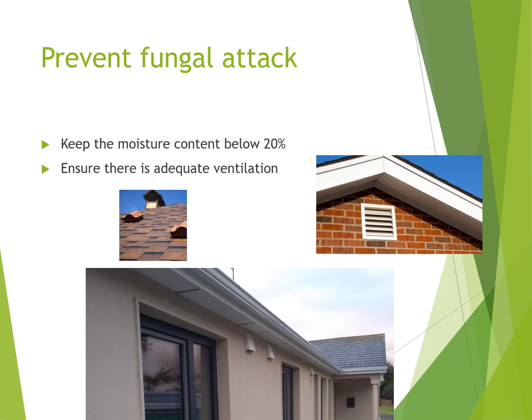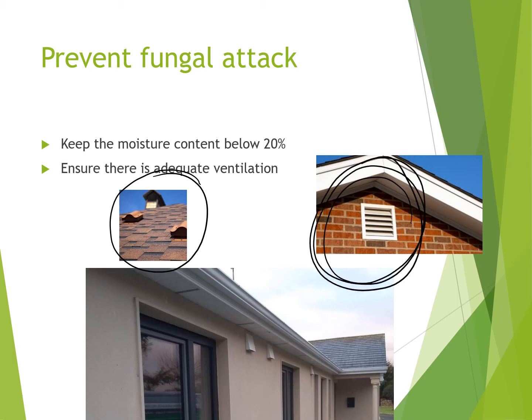So to prevent fungal attacks, you need to keep your moisture content below 20% and ensure there's adequate ventilation. The first photograph here is ventilation tiles in your roof, which allow loads of air into your roof space. The second image is a vent in a gable wall that allows air into and out of the attic space.